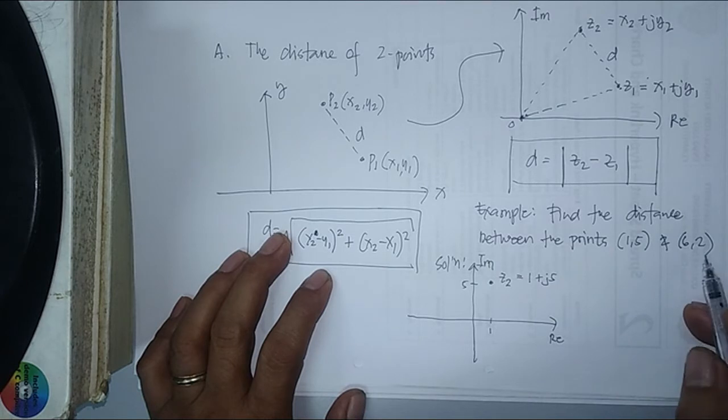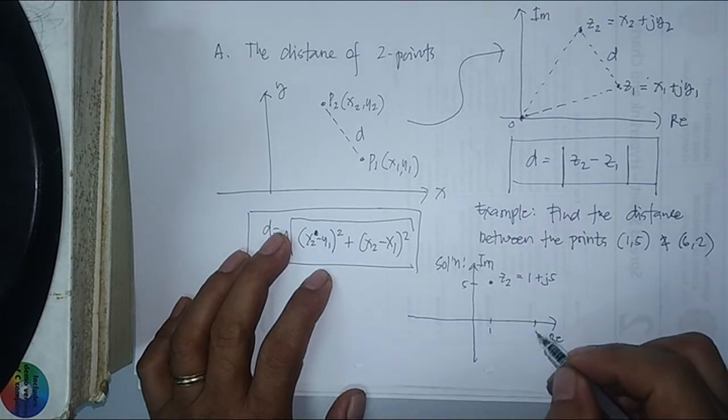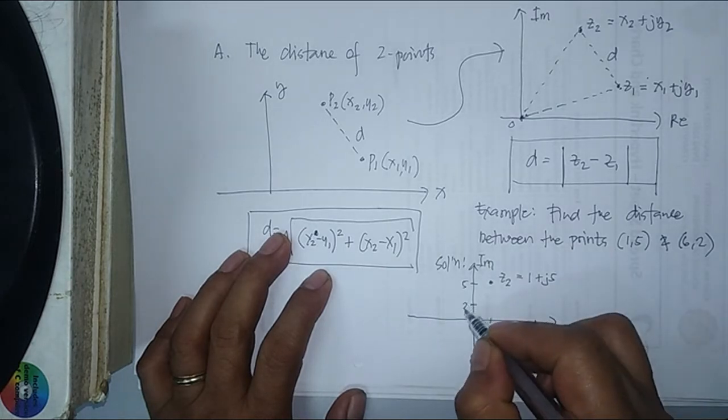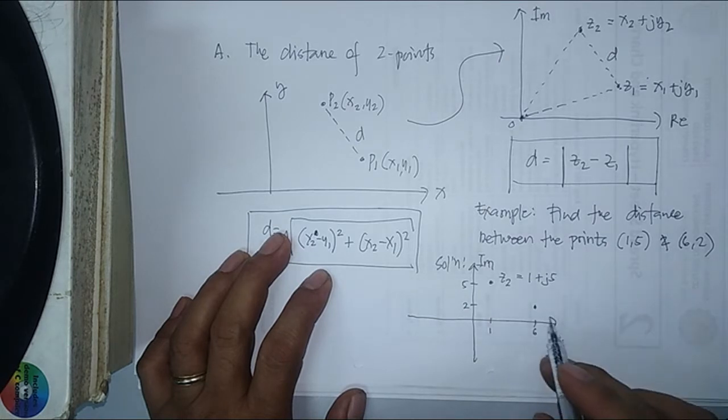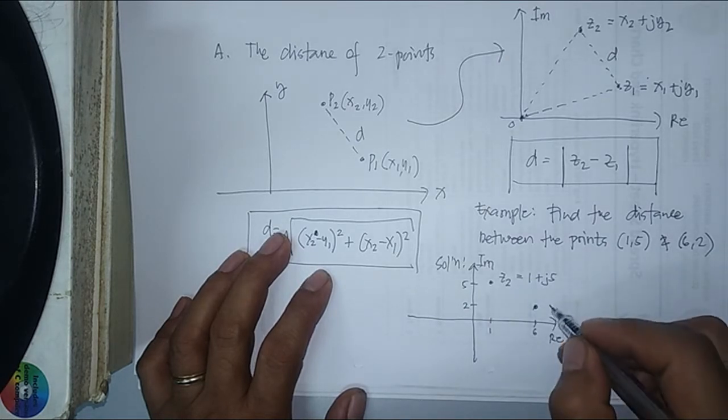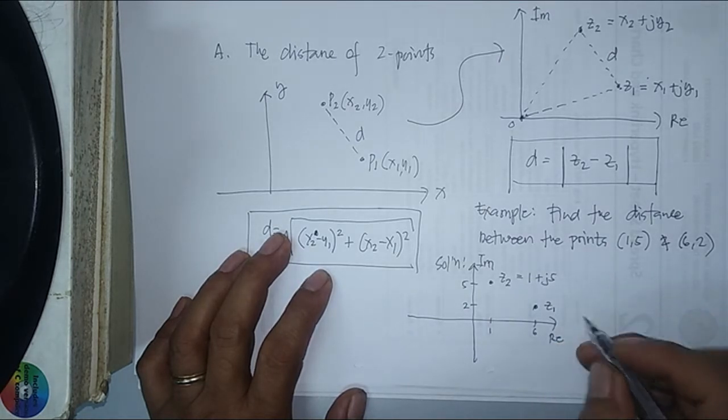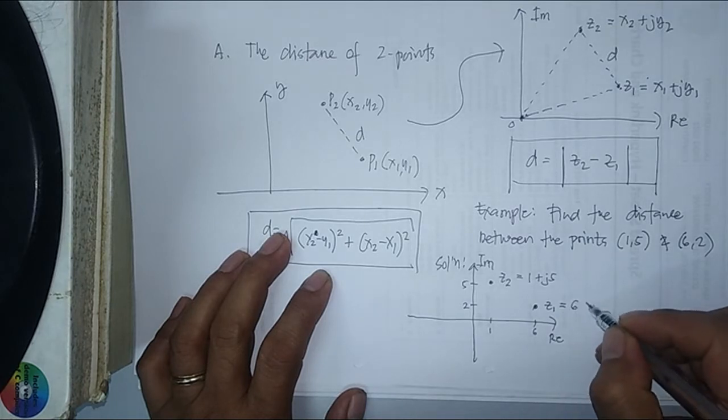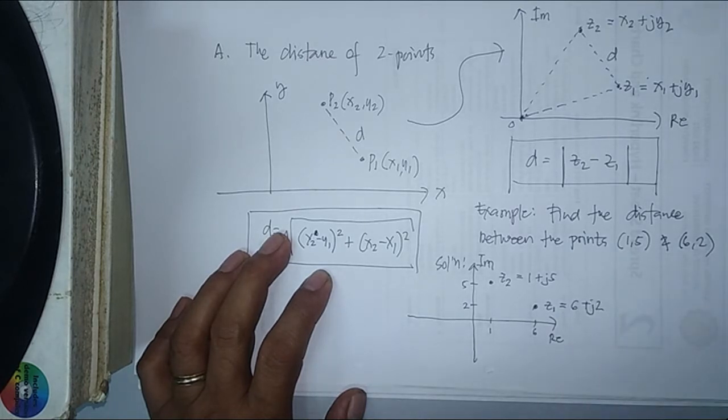For the next point, 6 and 2, somewhere here, we can label this as Z1, equivalent to 6 plus j2.